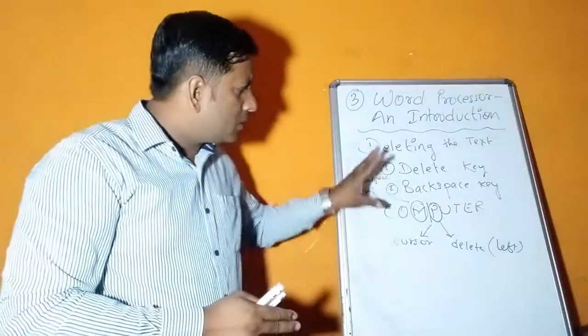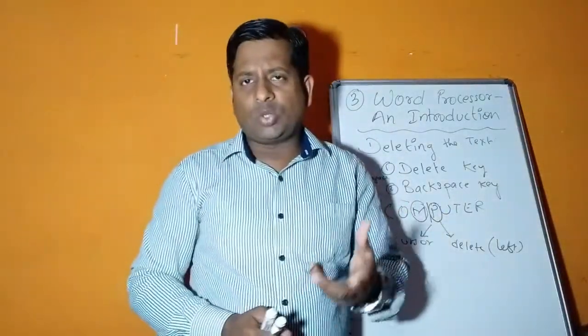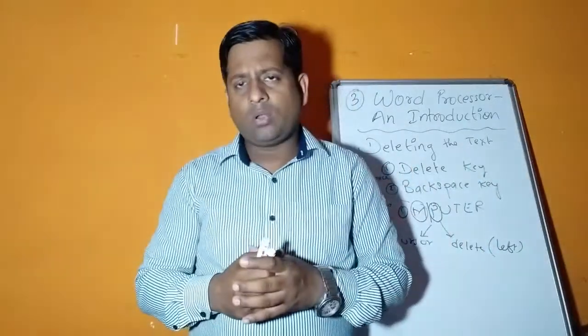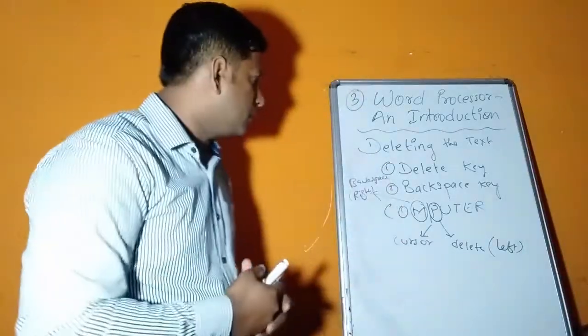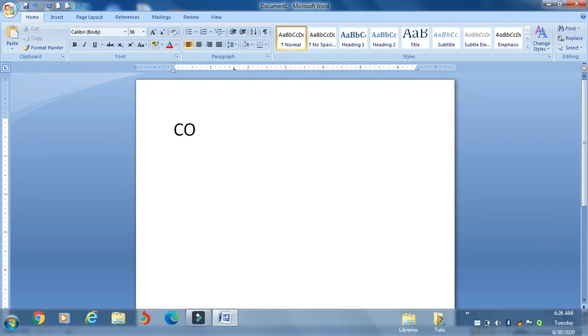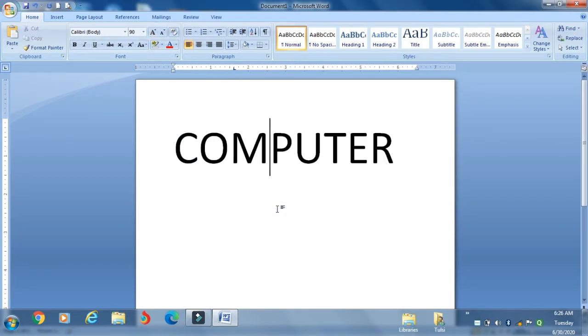So children, whatever I told now, I will show you practically, like how we can delete the character, how we can delete the words and all. See this properly. Deleting the text. We can delete the text in different ways. First let me type some text, let me increase the size. First point, deleting a character, that is a letter.